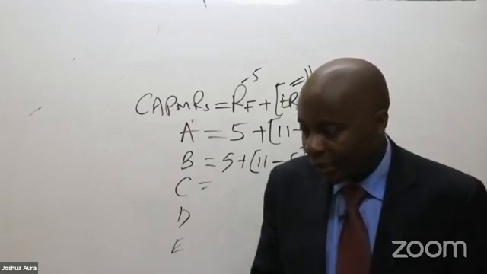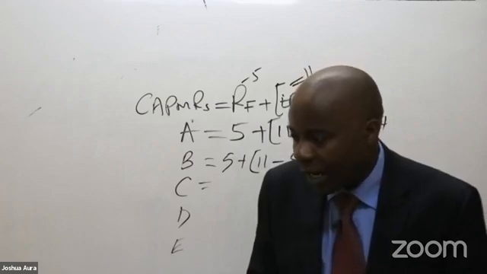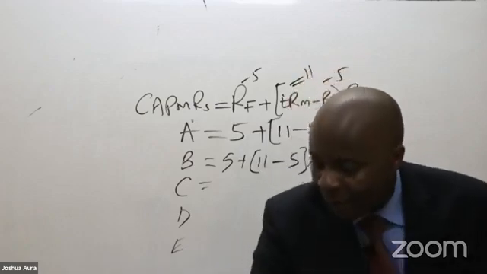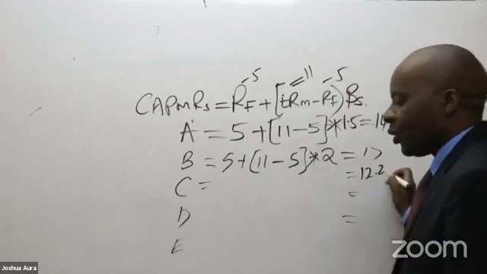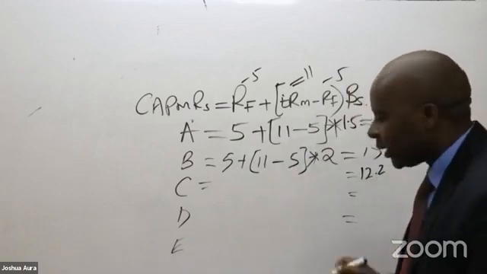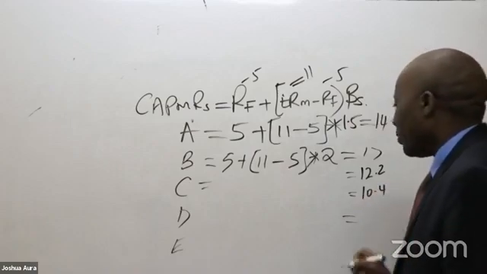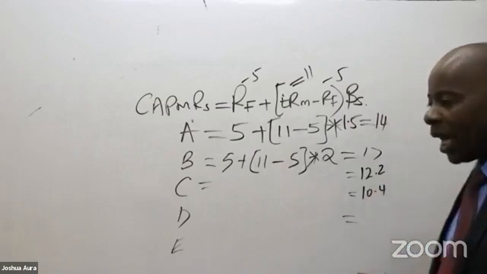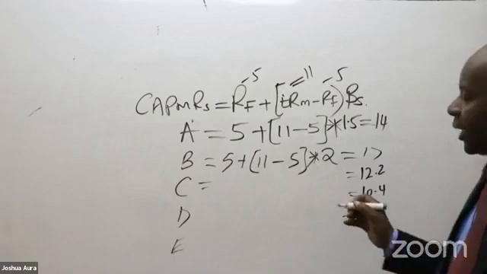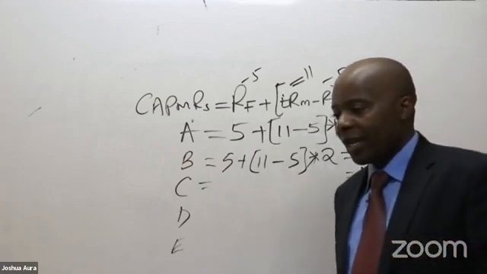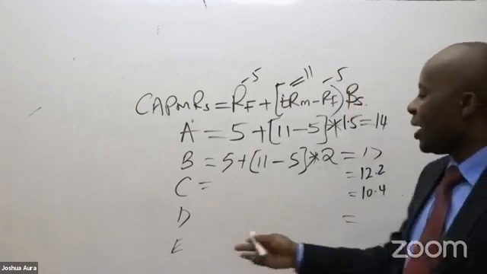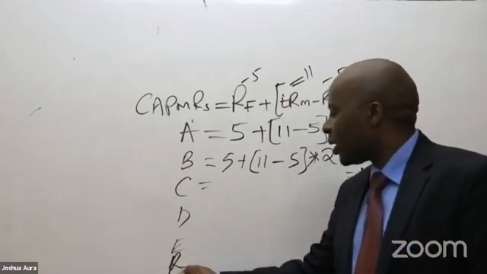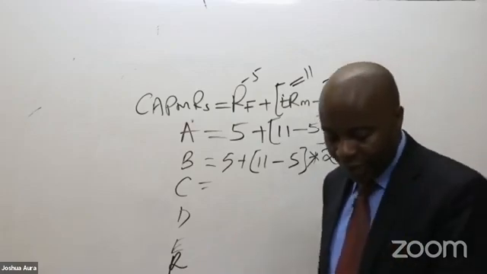So they've already gotten from Naomi that we have 12.2 here for C. And then I can see D, she has 10.4, the same as Auma. How about the CAPM returns for the risk-free asset?